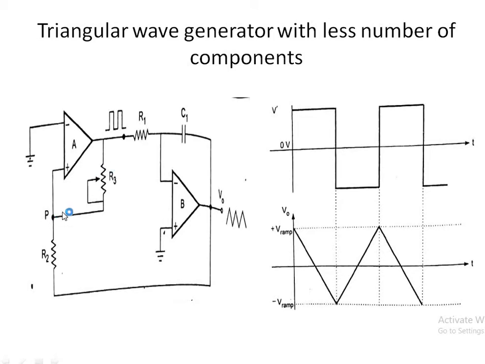This feedback circuitry has one point connected to the output of the first op amp and the other point connected to the output of the second op amp. So these two op amps are working in an interrelated manner.